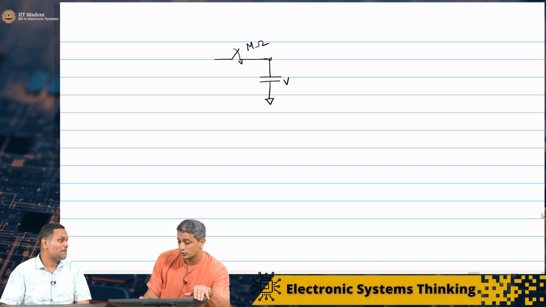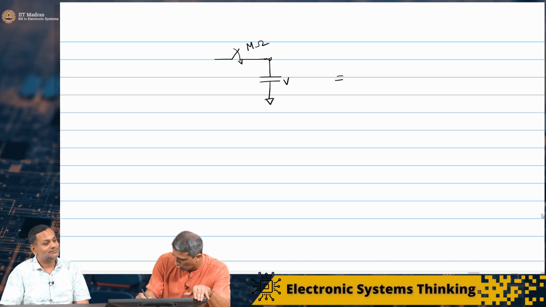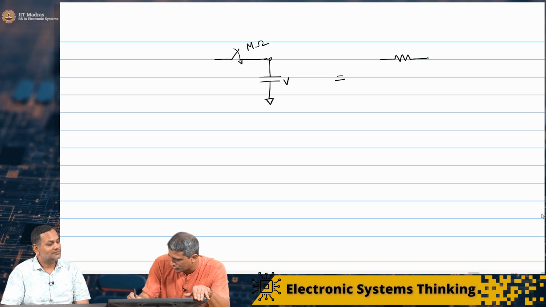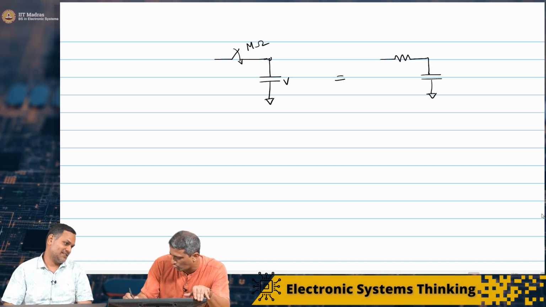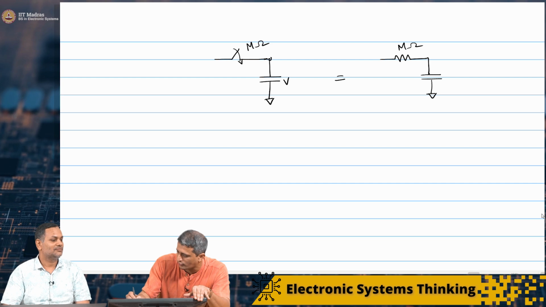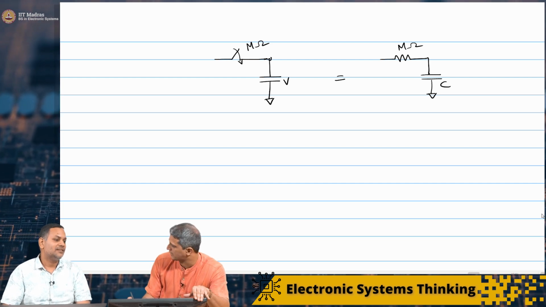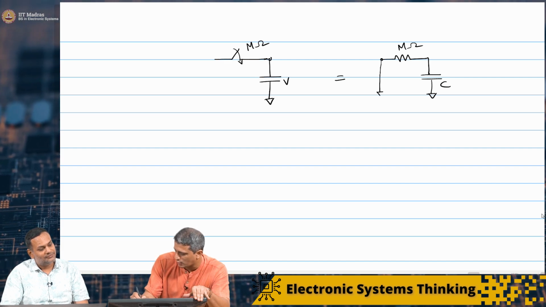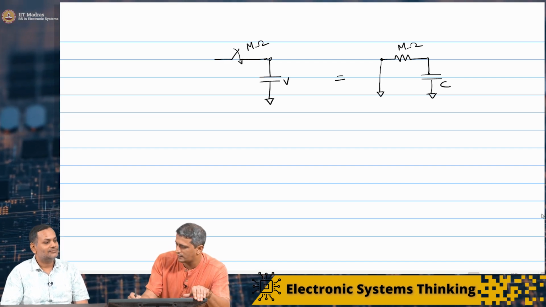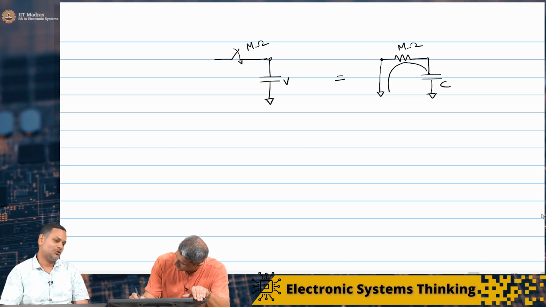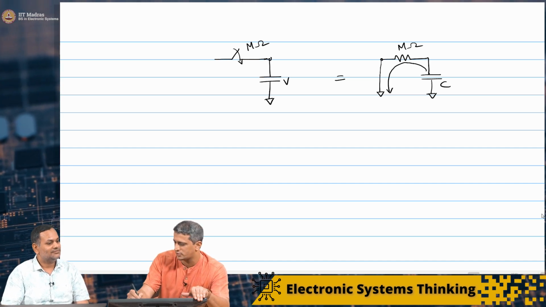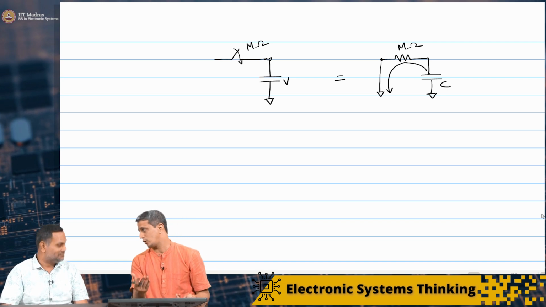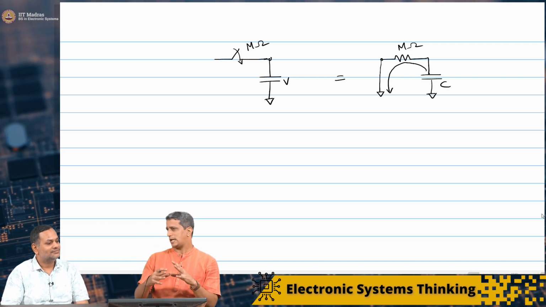So this is also an RC circuit, with mega ohms of resistance and whatever value of capacitor. If this is connected to ground, it will discharge at a time constant of this mega ohm times the capacitor value. So analog storage is not that easy.